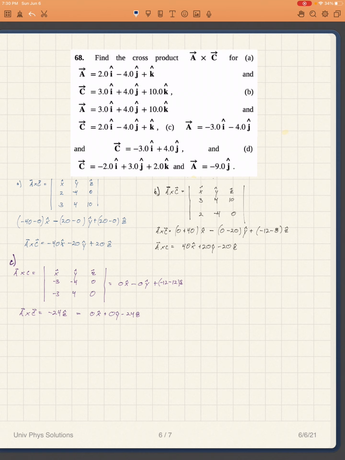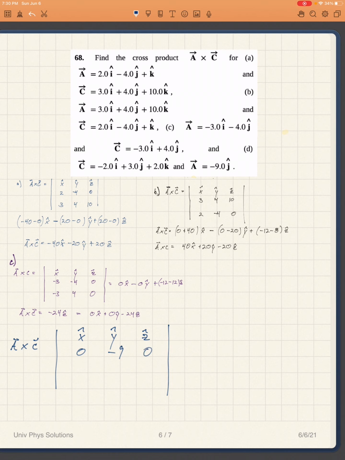My vector A cross vector C will be x, y, z. My vector A has no components along the x and z directions.